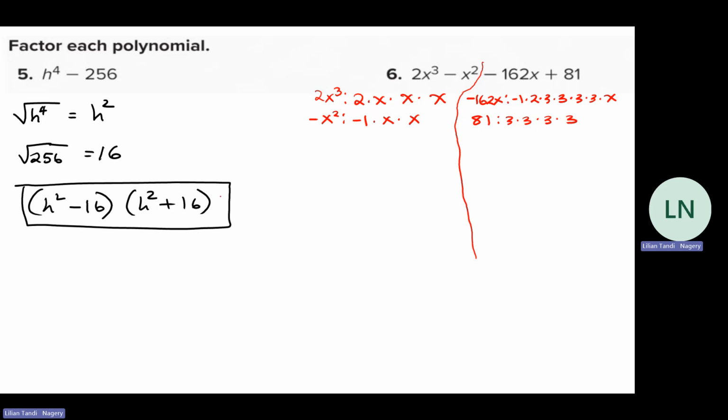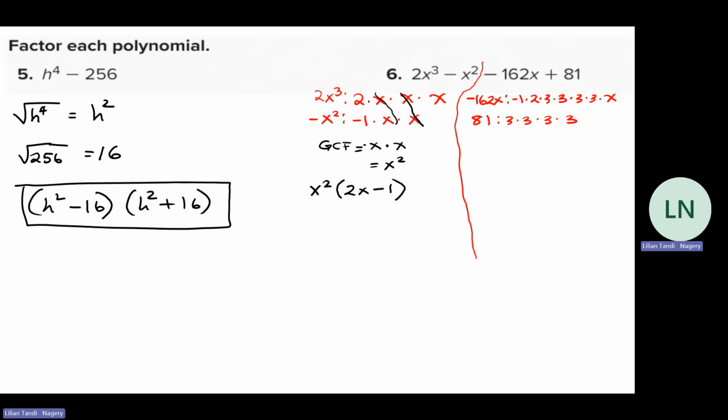Then we do the GCF. This goes with this. So here GCF is x times x, which is x squared. So now x squared outside, inside is 2x minus 1.